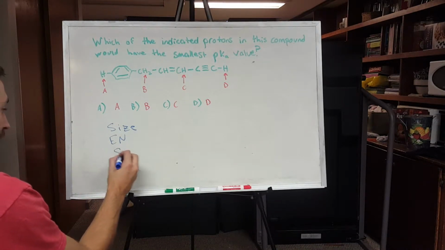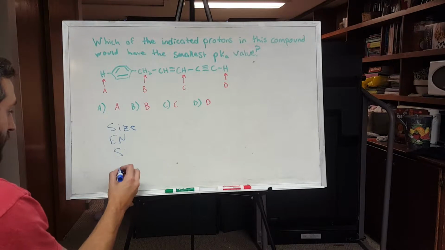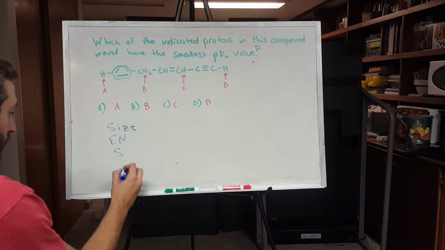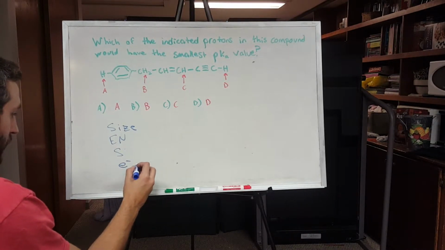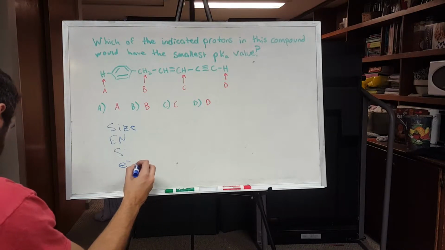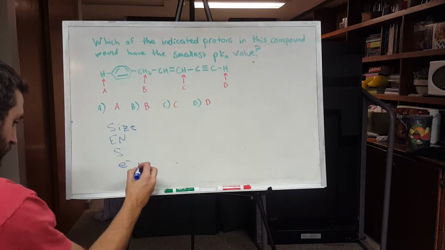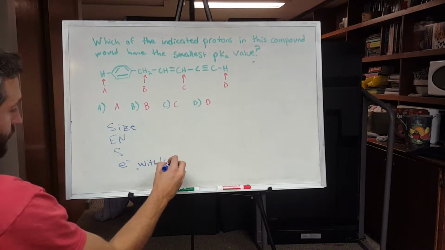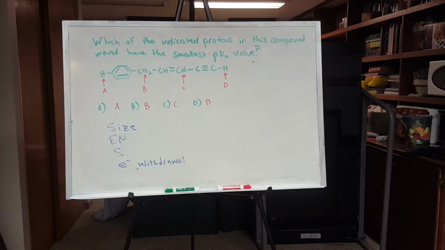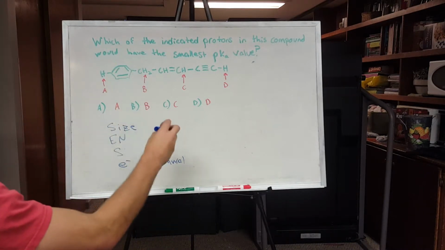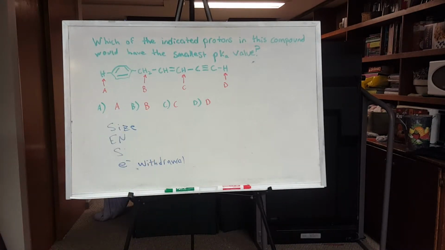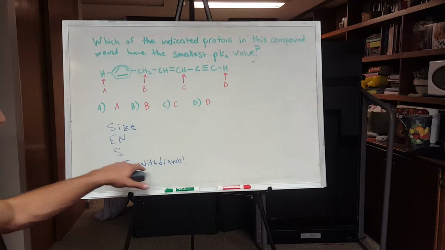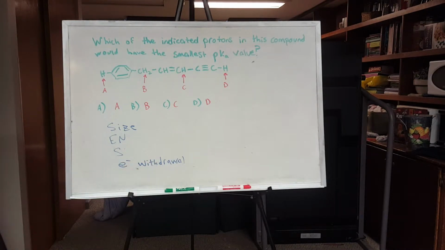So there's S character, which we need for this problem. There is also electron withdrawal through resonance. Forget the exact term, drawing a blank on it, but the more that I can stabilize the negative charge on the conjugate base through electron withdrawal, the better the acid.